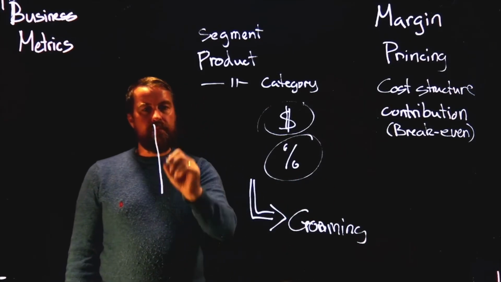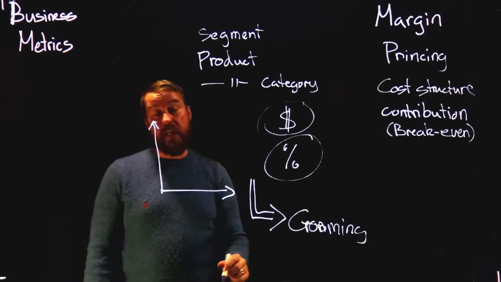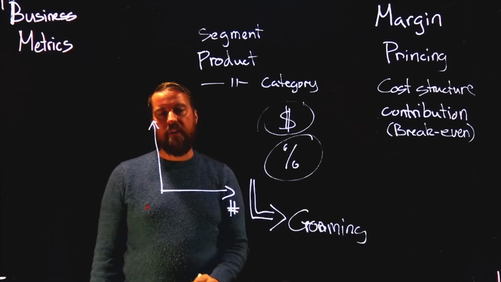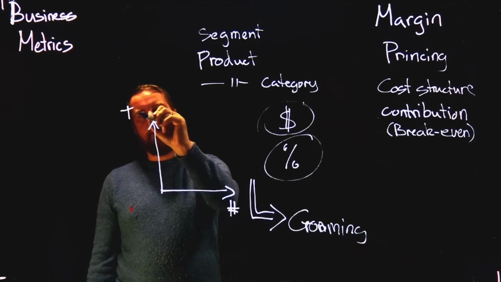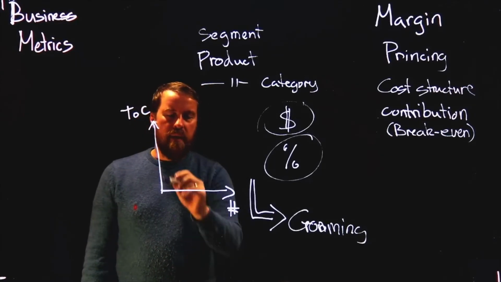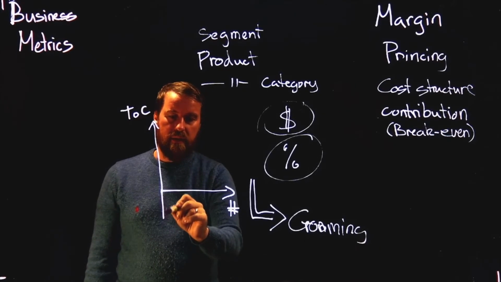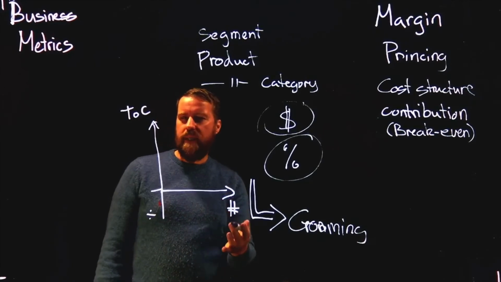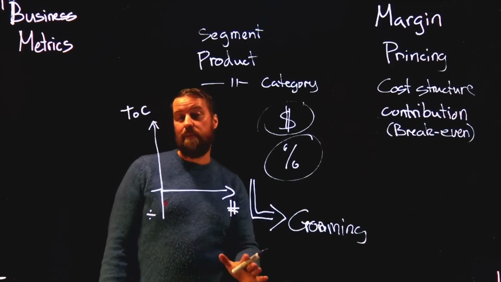So what we're looking at in terms of our break-even of sales is that, again, we have a number of units and we have a total cost. Our total cost is actually starting in negative territory. Why is that? Well, you need to do some investment. You need to develop some things.